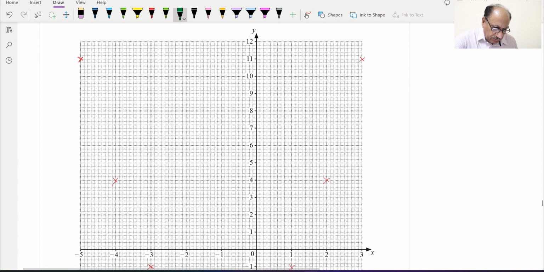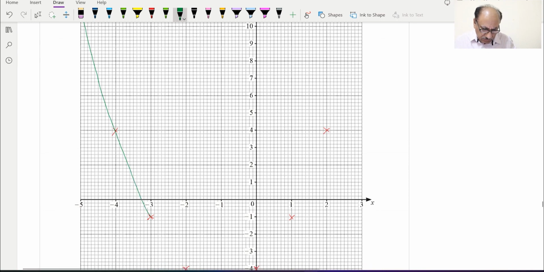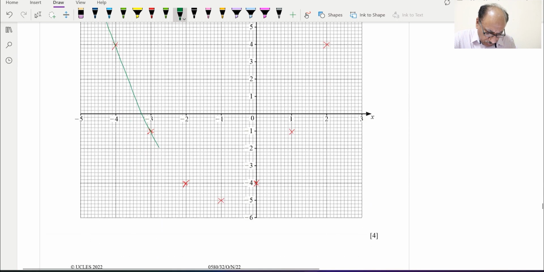For drawing the graph, we can draw like this one and this one. I'm just trying to draw a smoother graph, and this will be the smoother graph, which we are trying to draw like this one.